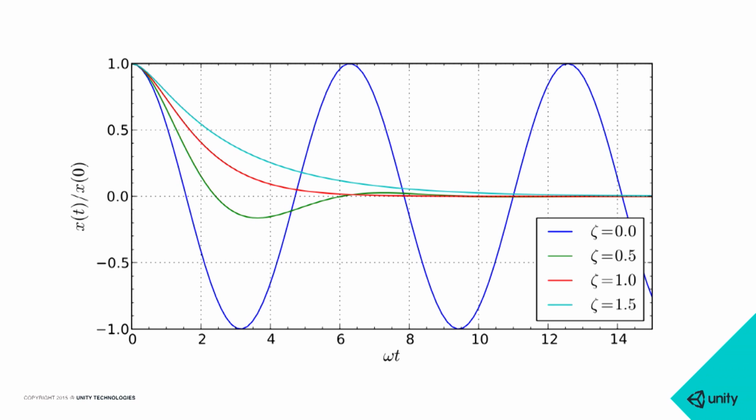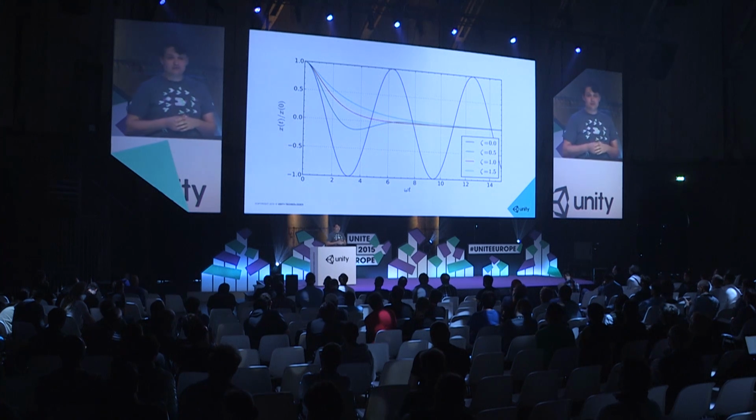You can see that the blue curve corresponds to a damping ratio of 0, and that means the oscillations are totally free and they never settle down. But if you increase the damping ratio to 1, for instance, then you have no bounces at all, and it simply goes up to the rest position and never bounces. So obviously the most interesting values are somewhere between 0 and 1.